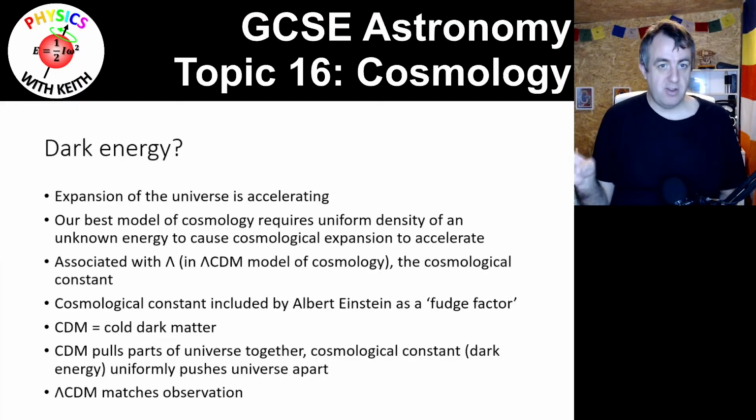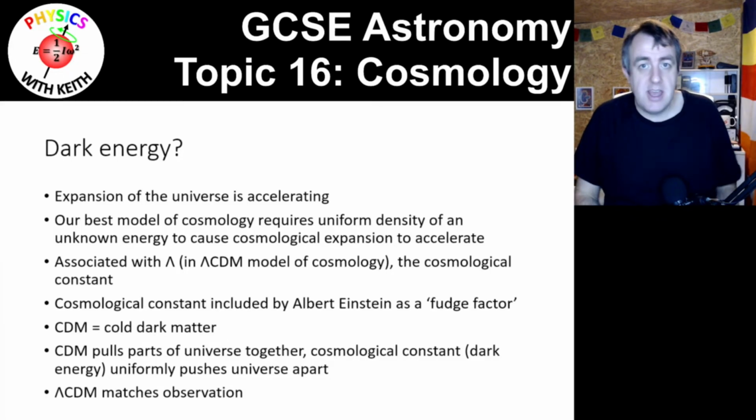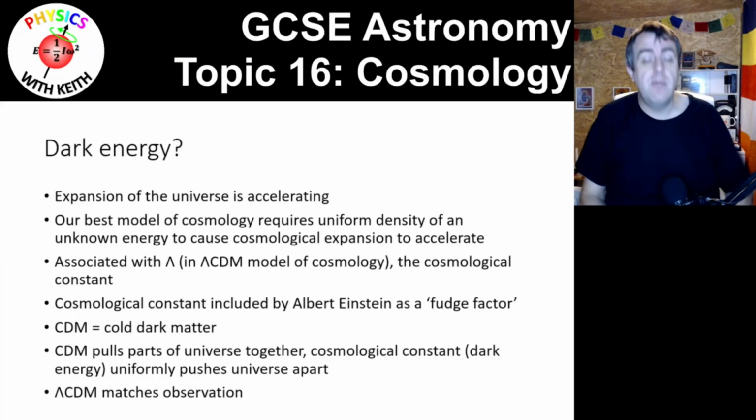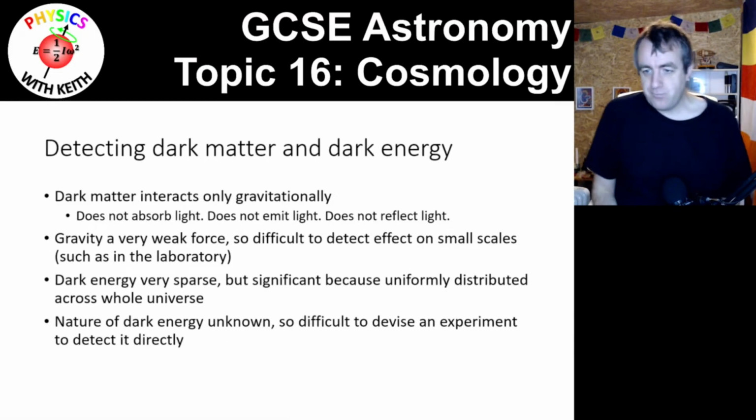Lambda CDM matches observation. So the existence of dark matter, explaining the clumping, and the existence of dark energy, explaining the expansion accelerating, is all covered by the lambda CDM model, and it matches observation, which is good. The problem is, detecting stuff is not that easy.